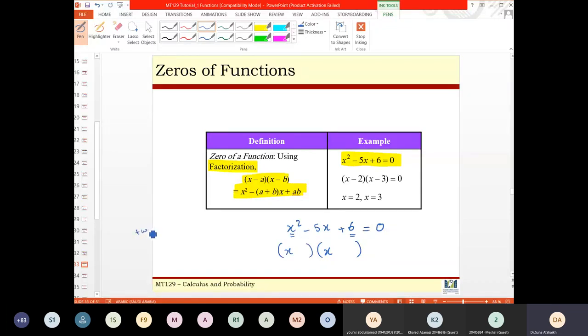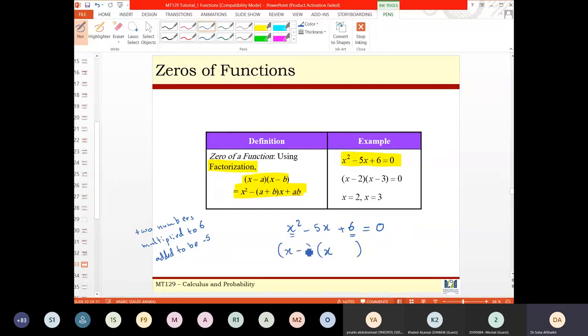I'm looking for two numbers multiplied to be 6, added to be minus 5. You say 2 and 3, لا, 2, 3 multiplied to be 6, but if I add them, is it minus 5?